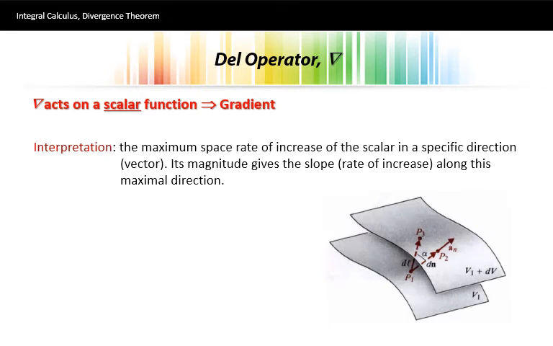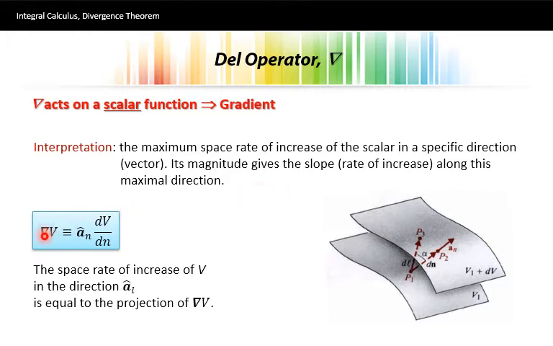The first operation, del acting on a scalar function, is called the gradient. The interpretation of this operation is as follows: the maximum space rate of increase of the scalar in a specific direction. So its magnitude gives you the slope or rate of increase along this maximal direction.